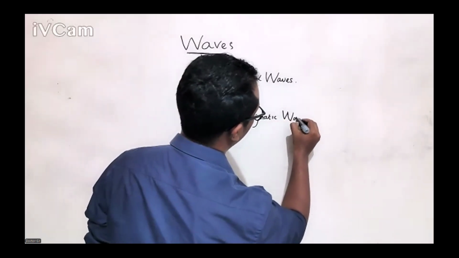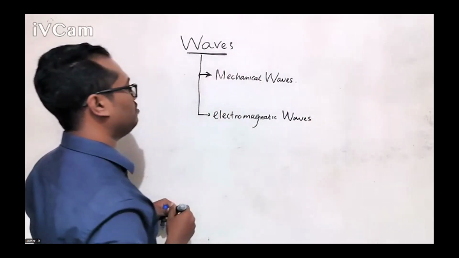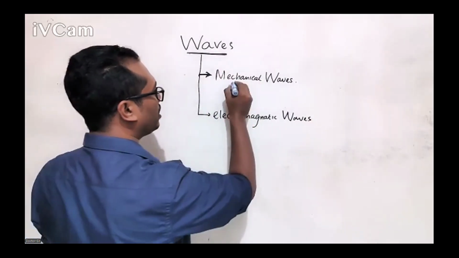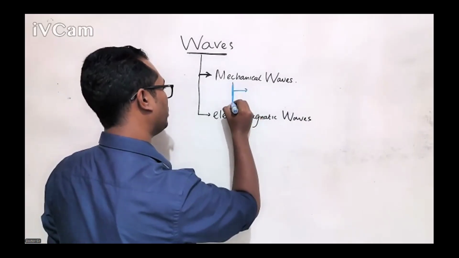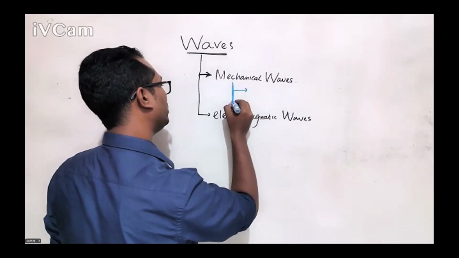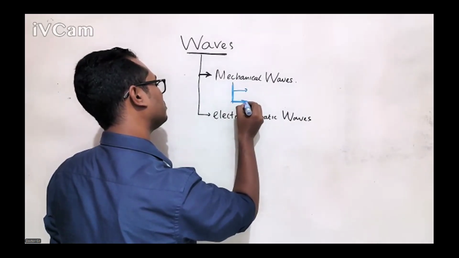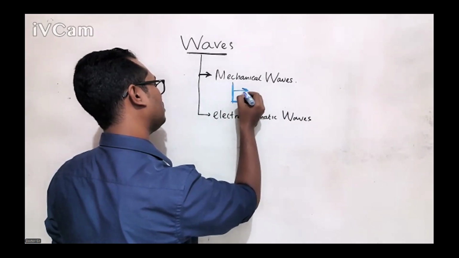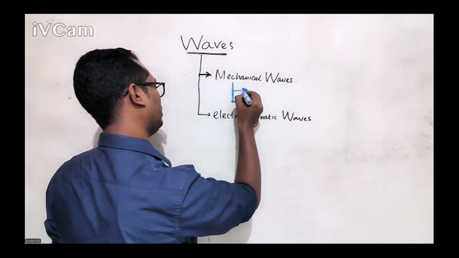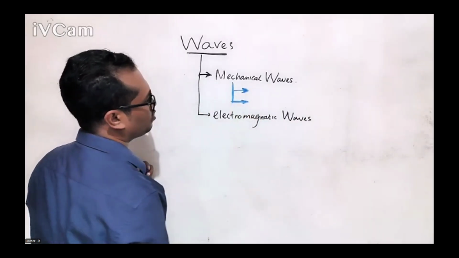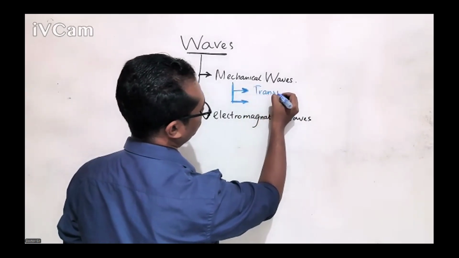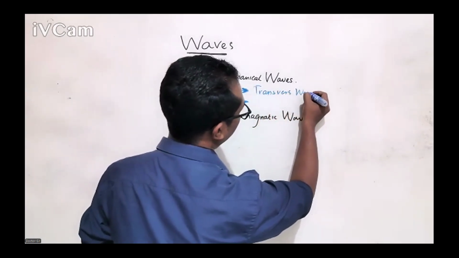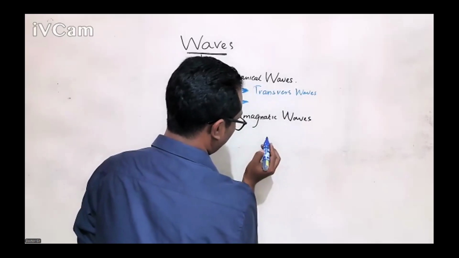Then, depending on how the surrounding molecules behave, we divided mechanical waves into two types. One is the transverse wave. Then another one is, tell me.